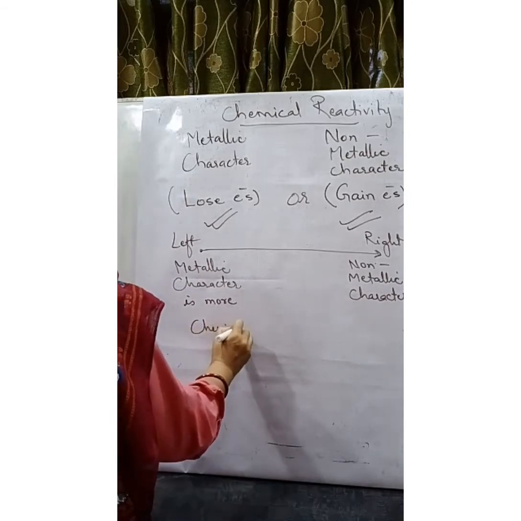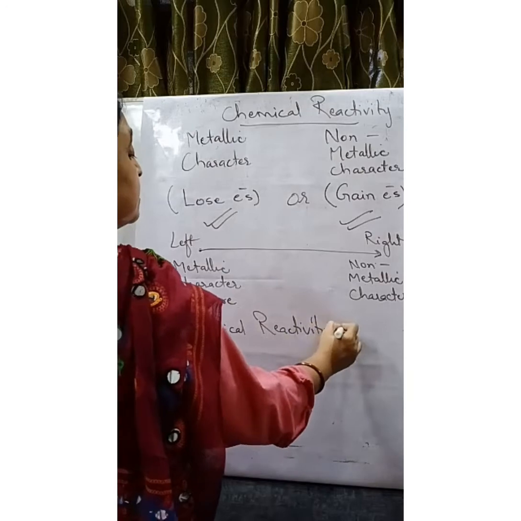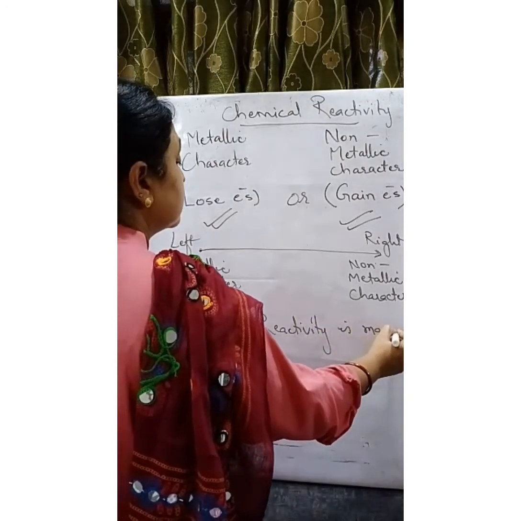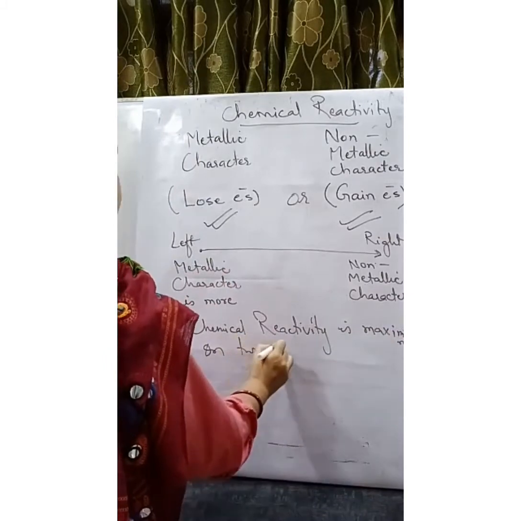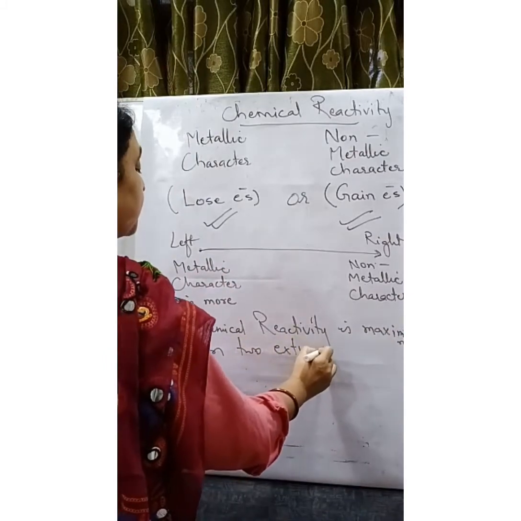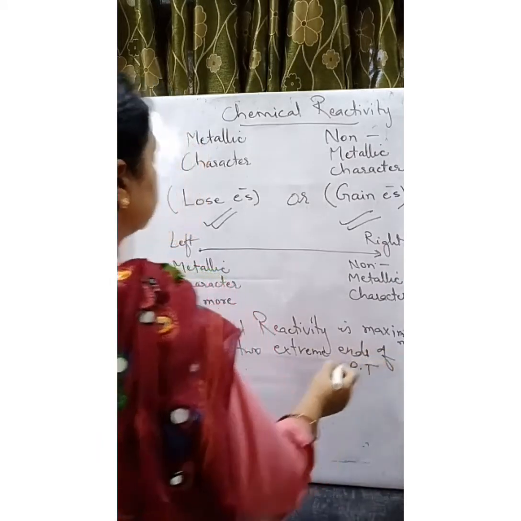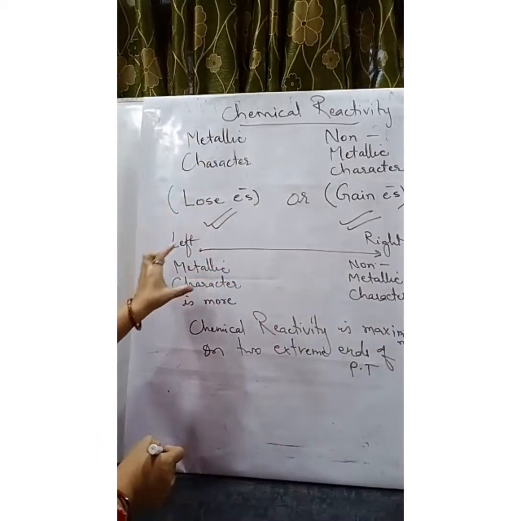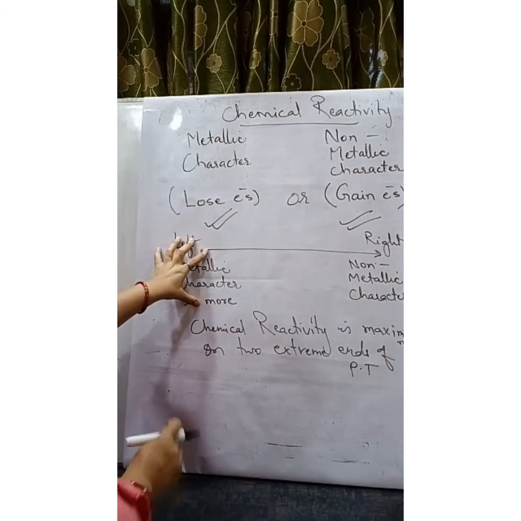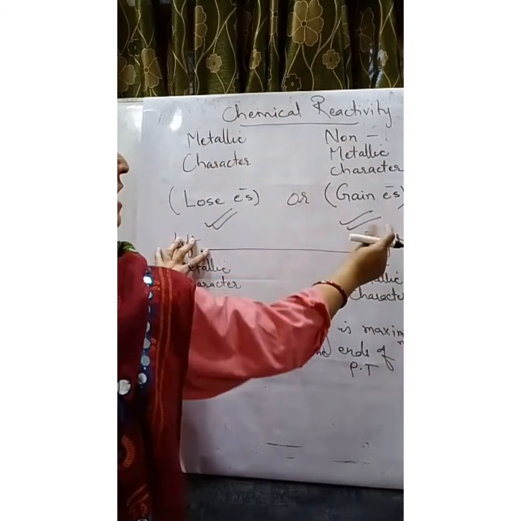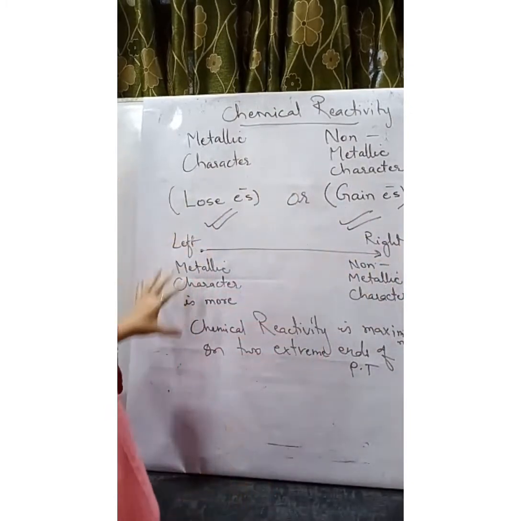So what can we say about the chemical reactivity? Chemical reactivity is maximum on the two extreme ends of the periodic table. That means on the left-hand side, because of metallic character, maximum chemical reactivity is there, and on the right-hand side, because of non-metallic character, maximum chemical reactivity is there.